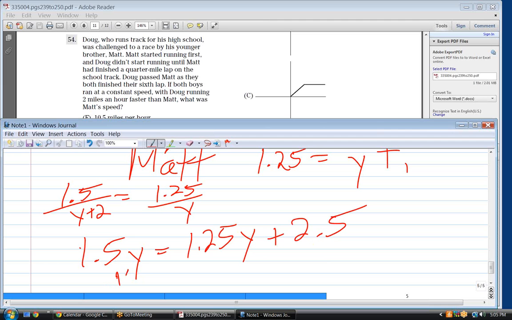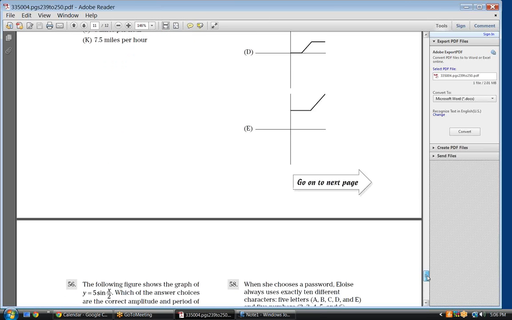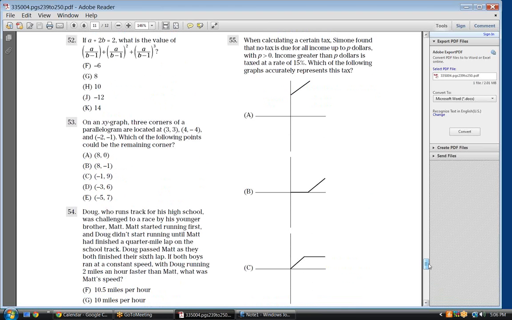Now I get a quarter y equals 2.5, and y is 10. And Matt's speed is 10. You got it. Very good. That was some kind of problem. Yeah, I was going the same route you were. And then you got it right, and mine didn't produce the right answer. I'm still not quite sure why.